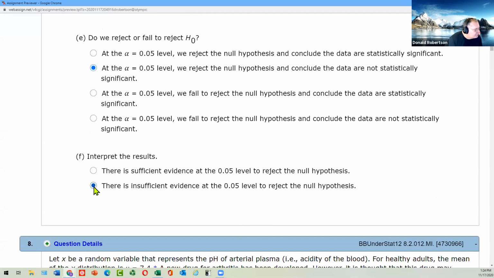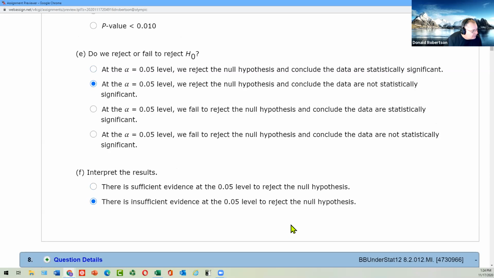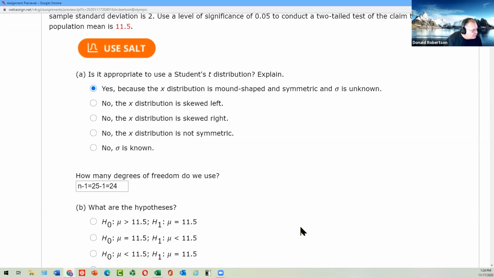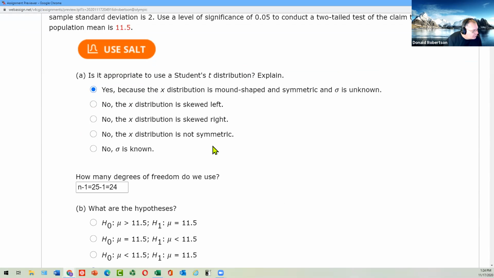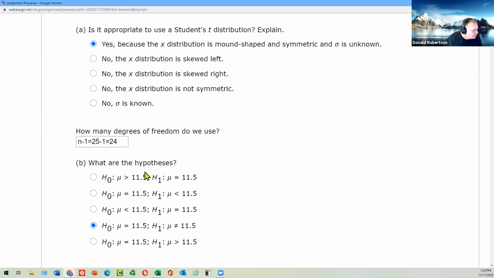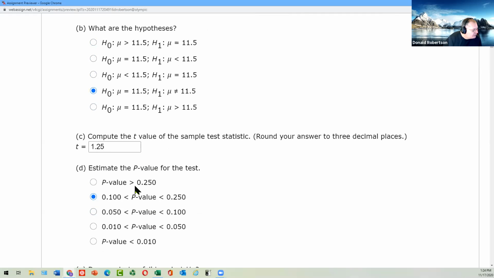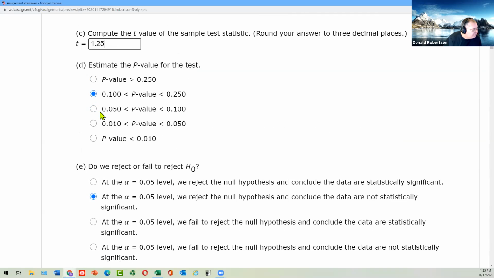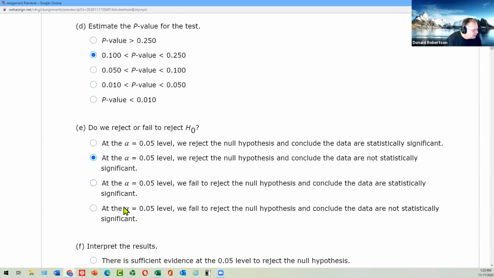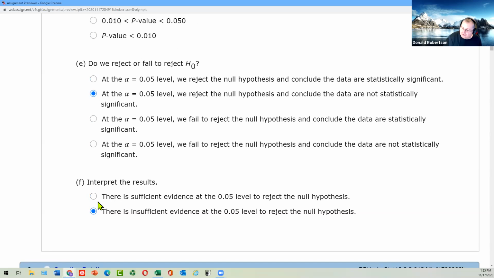That means there's not significant evidence. So for the most part, your homework is going to be picking the right dot, occasionally writing in some numbers, but most of the time just picking the correct answer from a choice of 2 or 4.